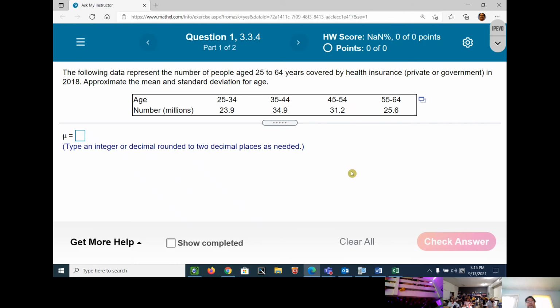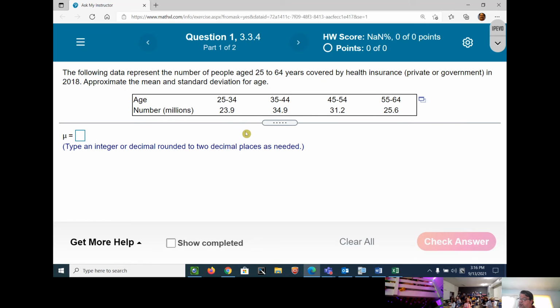Since we're pressed for time, I'm going to show you how to do it the quick way with your calculator. First of all, you got to find the midpoint of 25 and 34. Somebody find the midpoint of 25 and 34, please. 29.5.